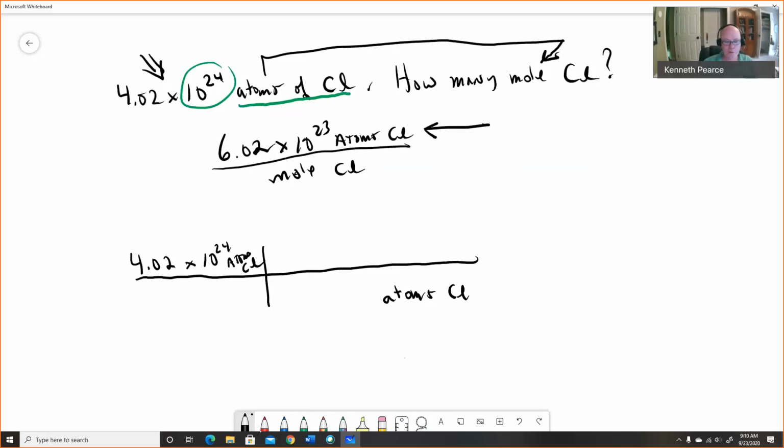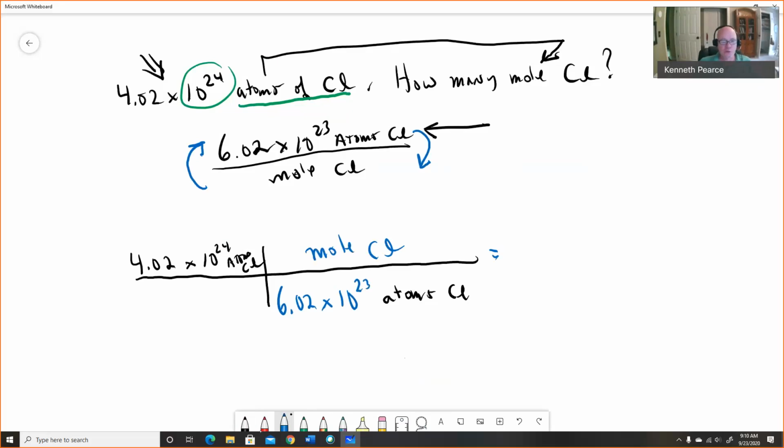So I'm going to have to take this and flip it over to get the units on the bottom. That puts the 6.02, and don't forget the exponent, times 10 to the 23rd atoms chlorine on the bottom, and that puts moles chlorine on the top.